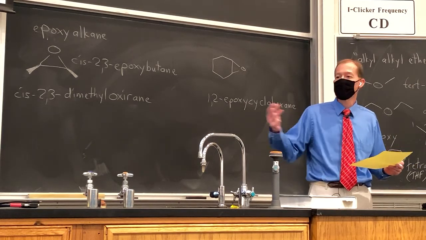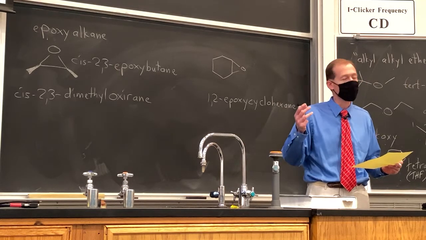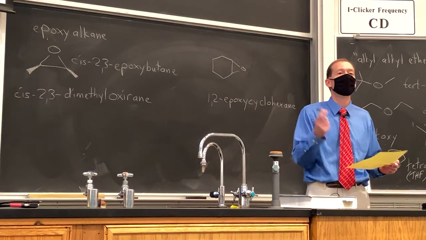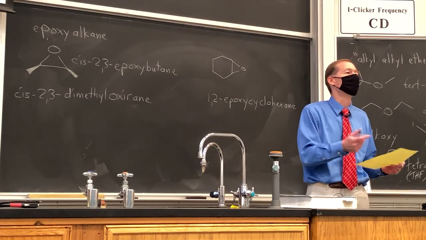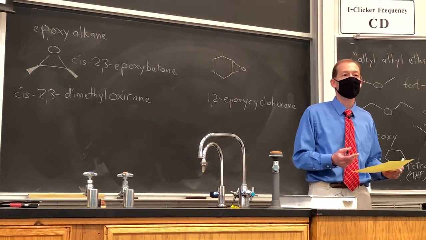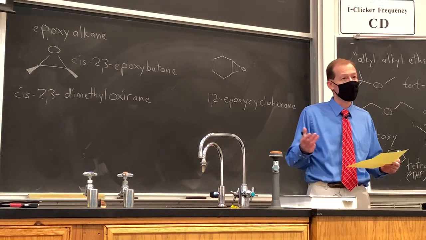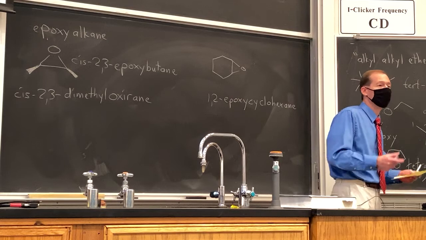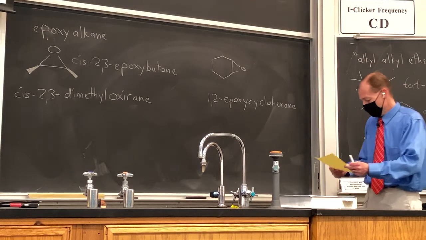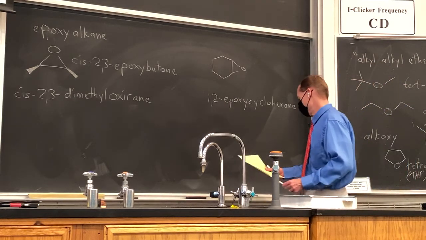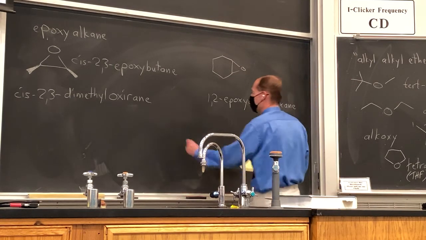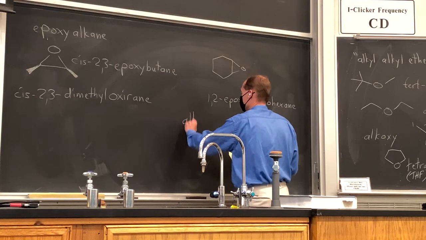In the very last chapter of the year, chapter 31, at the end of 352M, we'll learn about how epoxides are building blocks for polymers. And so you can make interesting polymers using epoxide starting materials. And those epoxide starting materials come from alkenes. And so this third system refers to an epoxide as an alkene oxide.